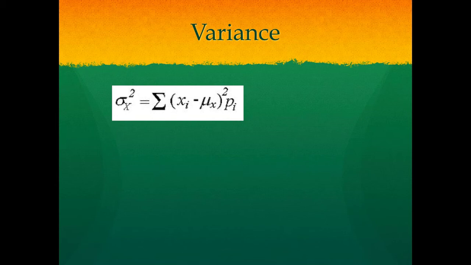Then you add all those together and you get the variance. If you take the square root of the variance, you get the standard deviation. Notice here that the symbol for the variance is sigma squared, so if you square root that, you would get the standard deviation.